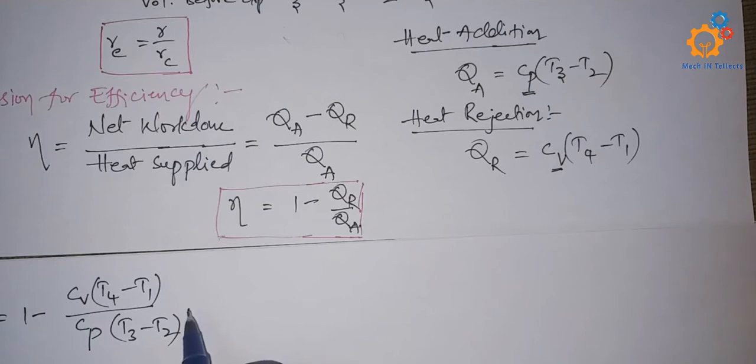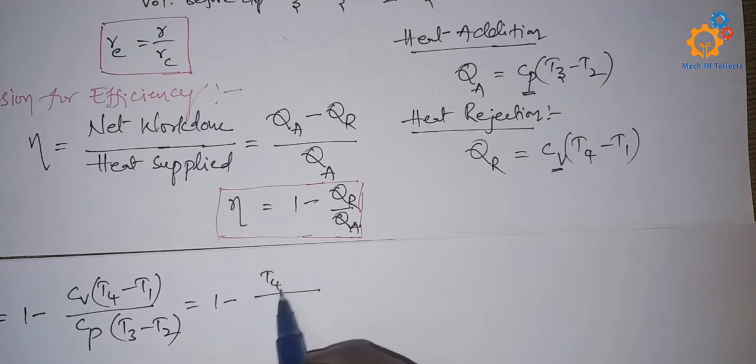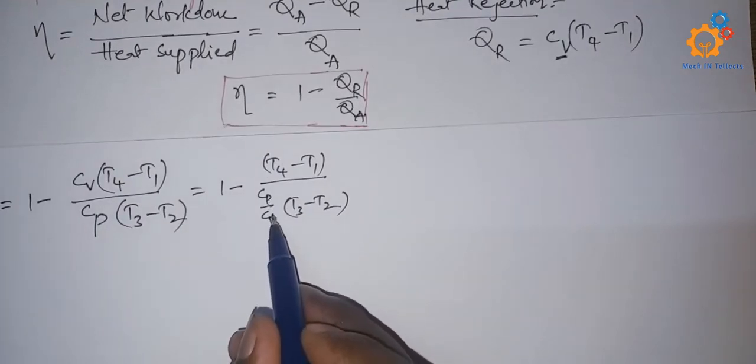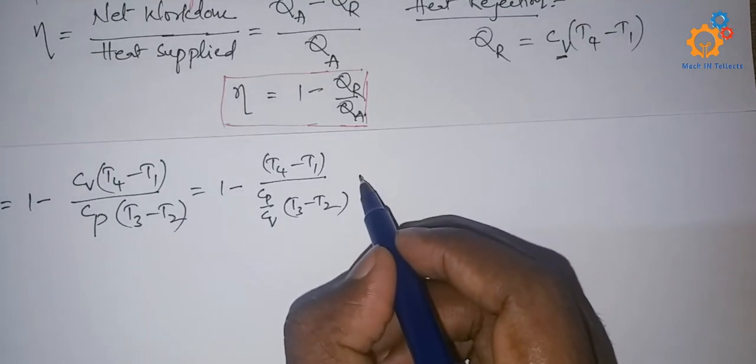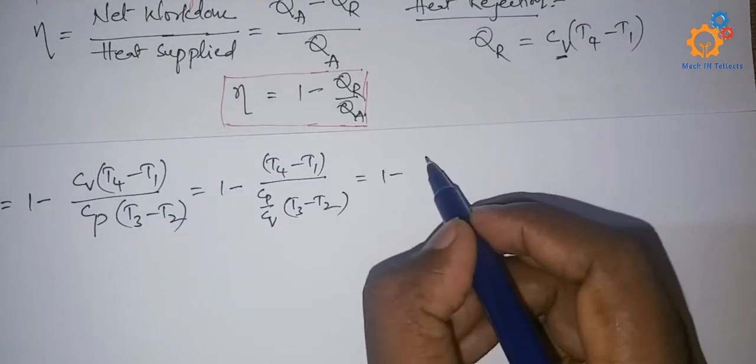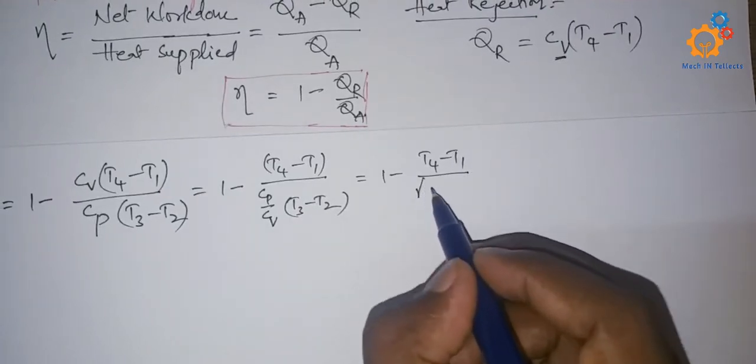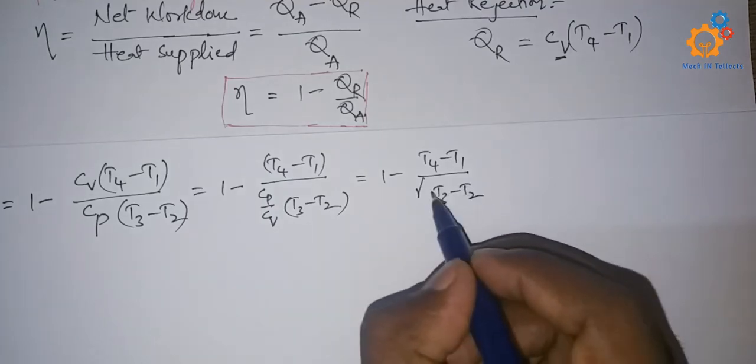This can be written as 1 minus, taking CV into the denominator, (T4 minus T1) by (CP by CV) into (T3 minus T2). CP by CV is equal to gamma. So I can write this as 1 minus (T4 minus T1) by gamma into (T3 minus T2).